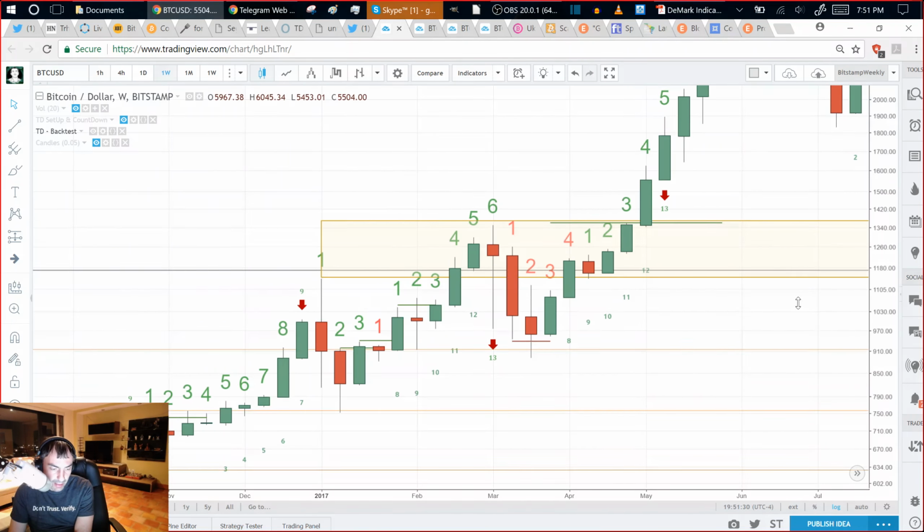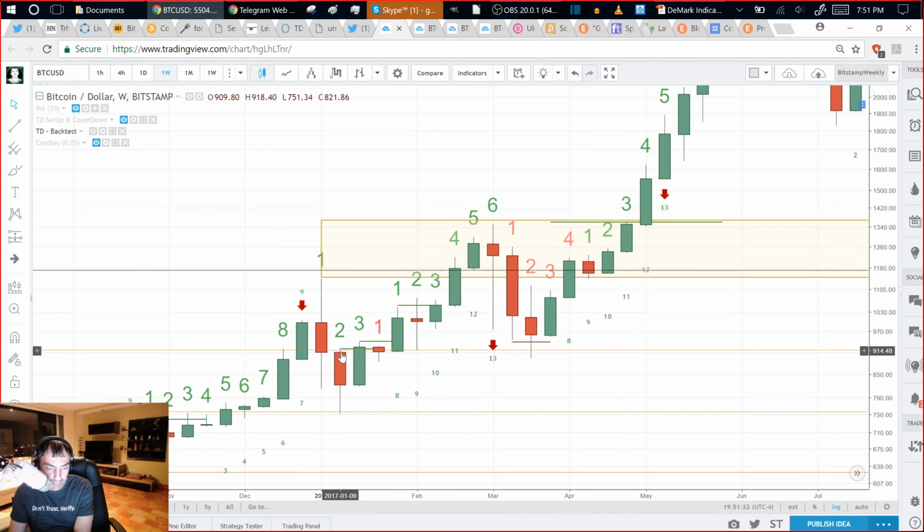Like the height of the 3 was visibly bigger than the height of the 2. So the height of the weekly high on January 16 was visibly better than the January 9th week. And you can jump back in.